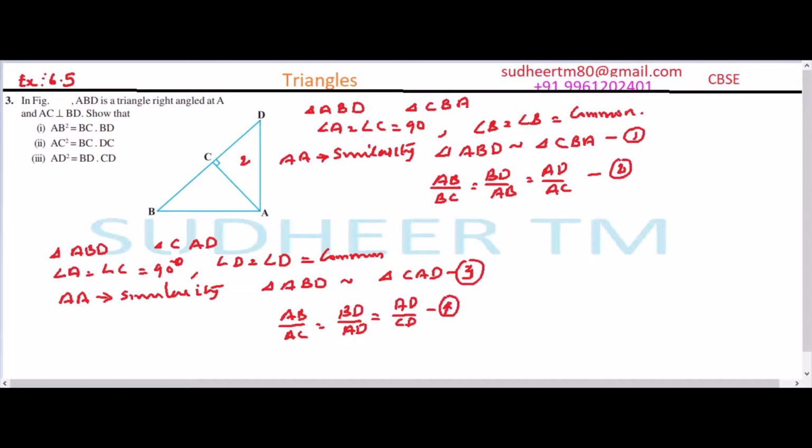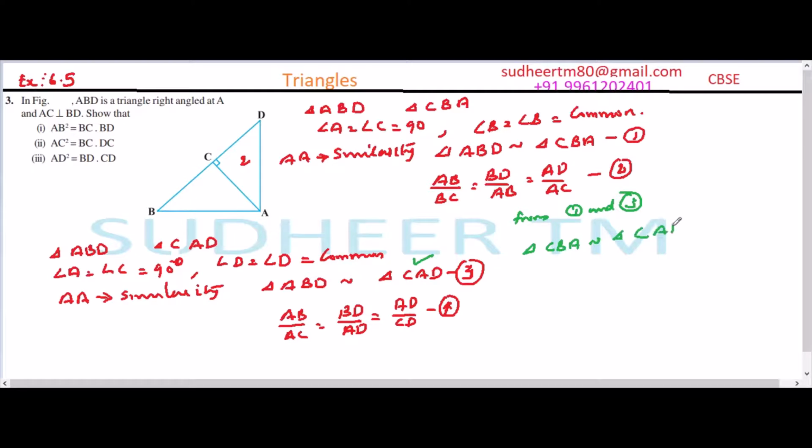Now again, in 1 and 3, both left sides are the same, so the right-side triangles must also be similar. So triangle CBA is similar to triangle CAD.